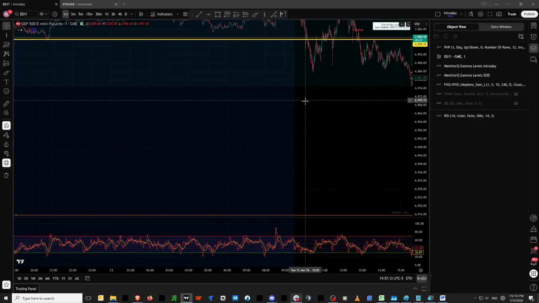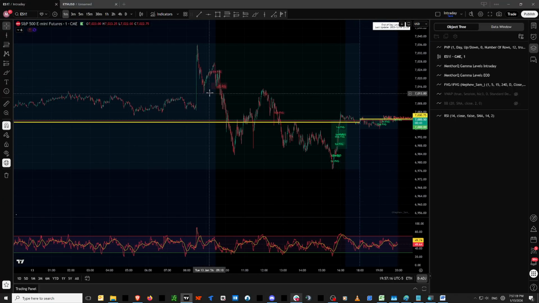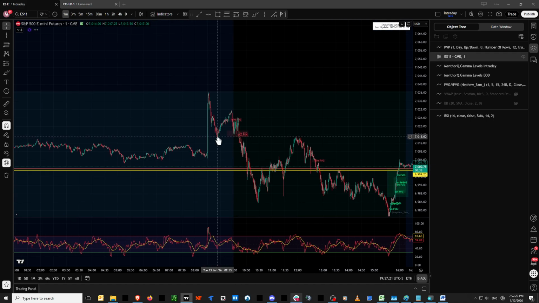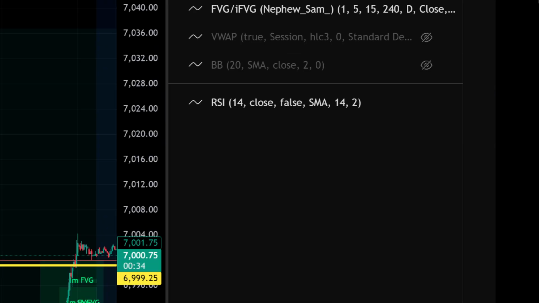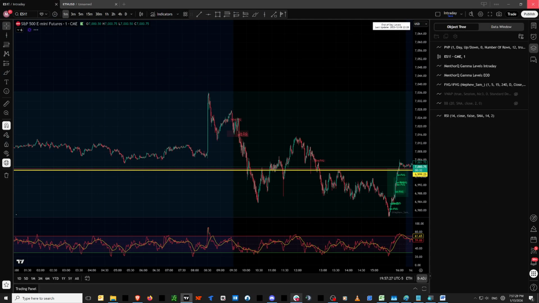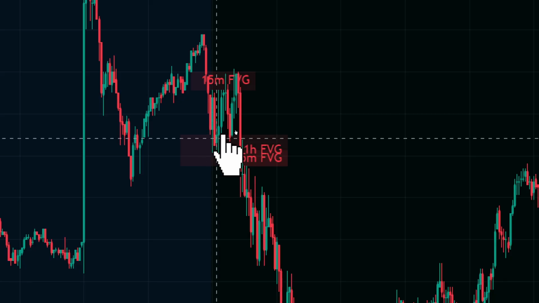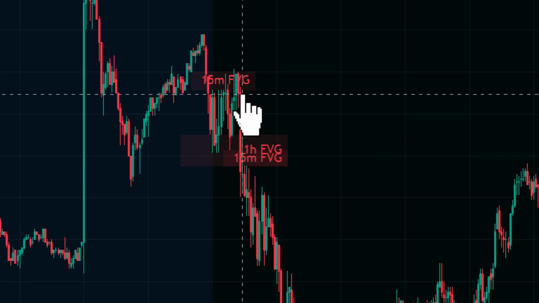When we look over here at the ICT play, it was right here where, hang on, sorry, I've messed this up. Moved my mouse. The overall trend, although it was a bunch of highs and lows, was still bullish.